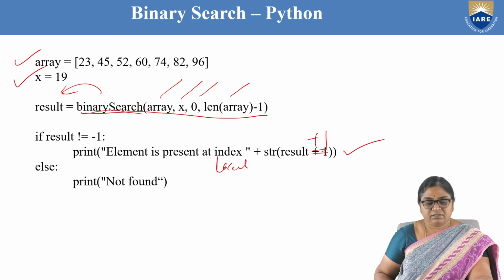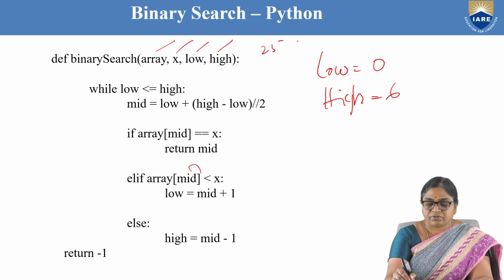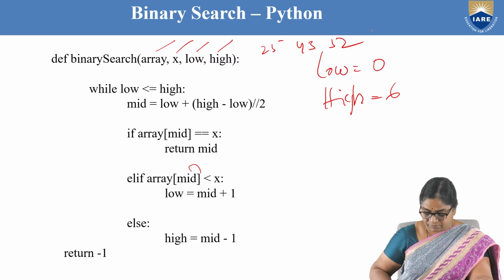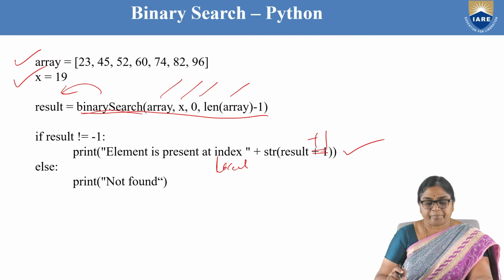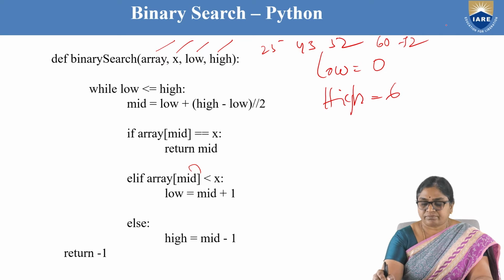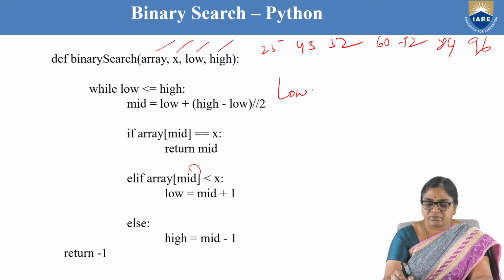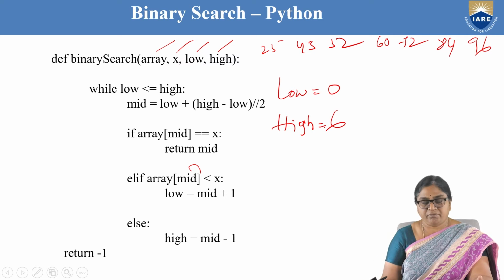And what is the list? 25, 23, 45, 52, 60, 74, 82, 90. So, arbitrary numbers, any number we can take. So, now the low value, low is equivalent to 0 and high is equivalent to 6. These are the parameters we got from the function call.